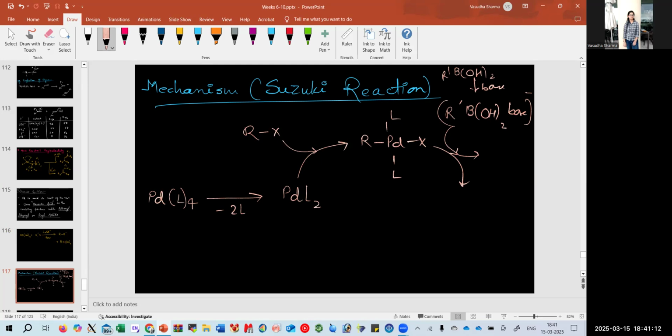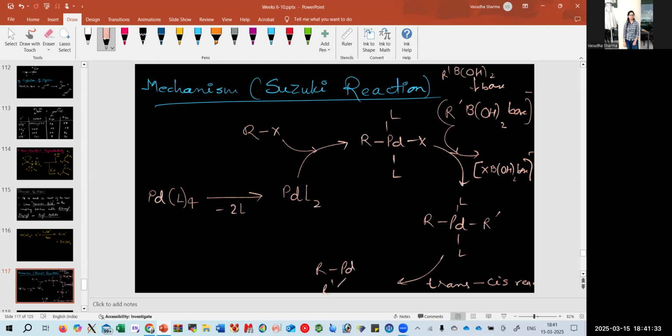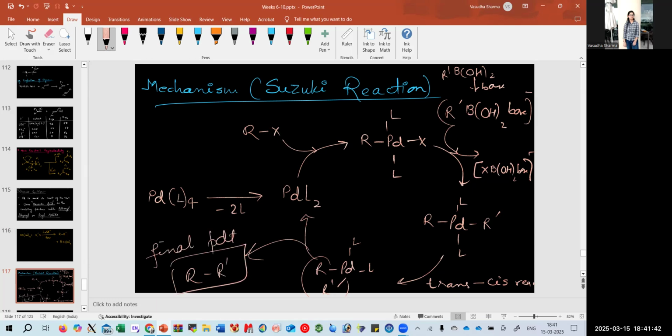So ultimately it would leave X-B(OH)2 and base minus, and it would form R-palladium-R dash L and L. Now at this position, there has to be a trans to cis rearrangement, and it would form R-palladium-R dash L and L, and this group can leave as your final product and would form palladium L2, which is your catalyst.